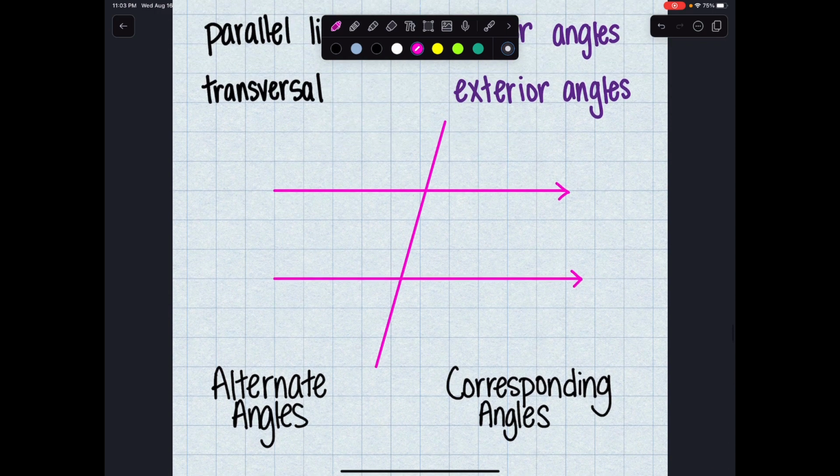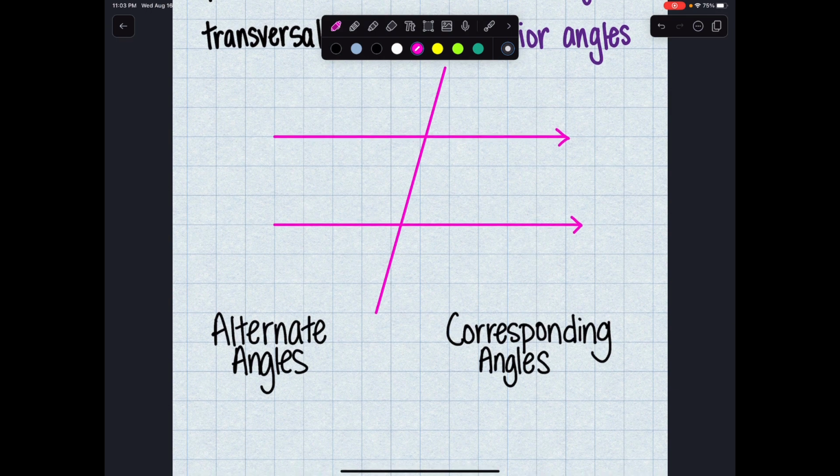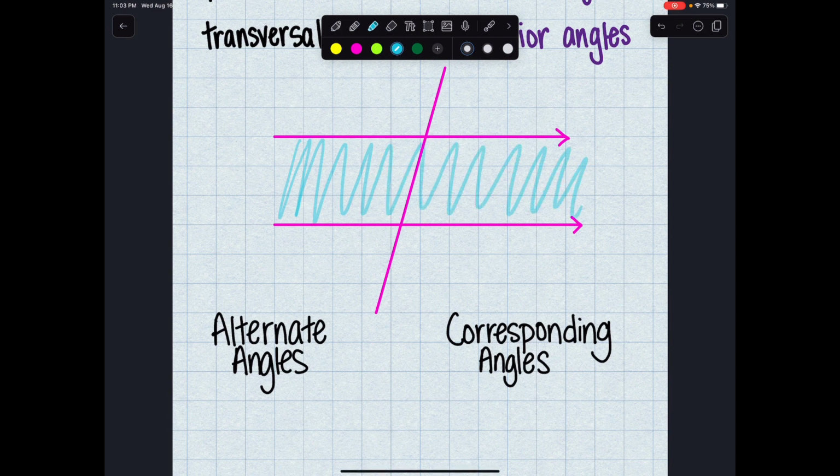Alternate interior angles. Remember the interior portion is anything in this area. So an alternate interior angle is going to be this angle because it's on the inside. Which one is the same as that angle? It's going to be this.